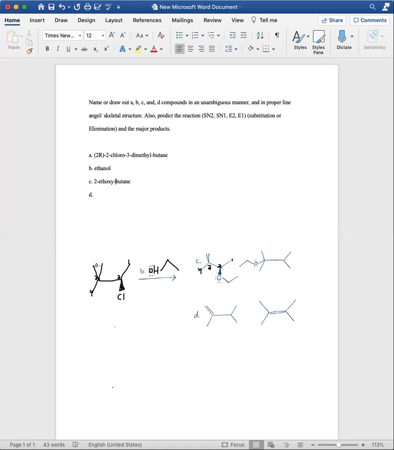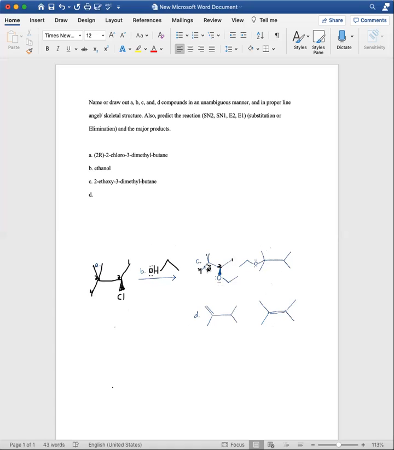So we're done with this part, but we have to do this one too, which is going to be 2-ethoxy and 3, which is 3,3-dimethyl, and dash.